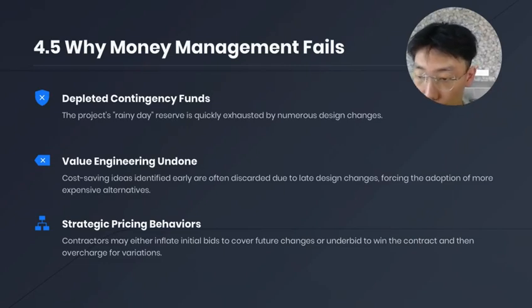This slide explains why traditional money management fails under frequent design changes. First, contingency funds can be depleted quickly because multiple changes consume the project's rainy day reserve. Second, value engineering ideas identified early may be undone by late design changes, forcing more expensive alternatives.